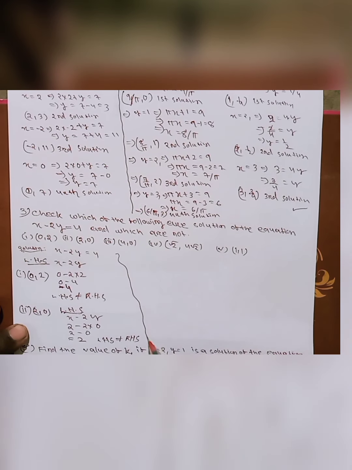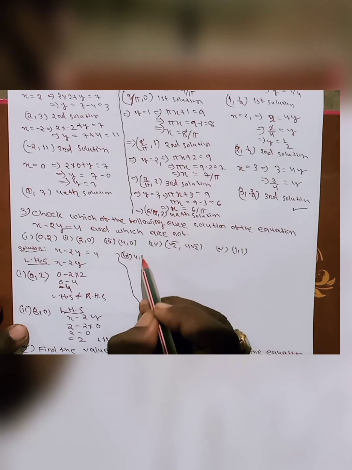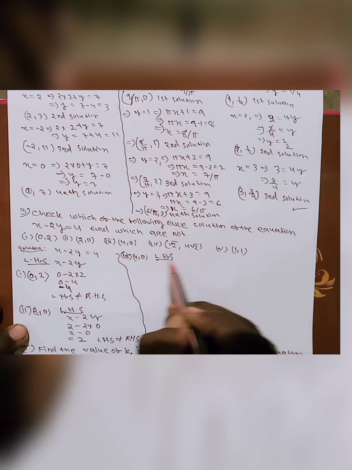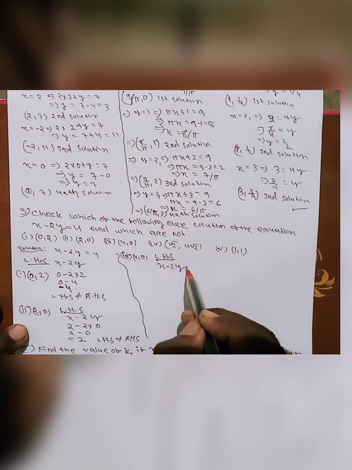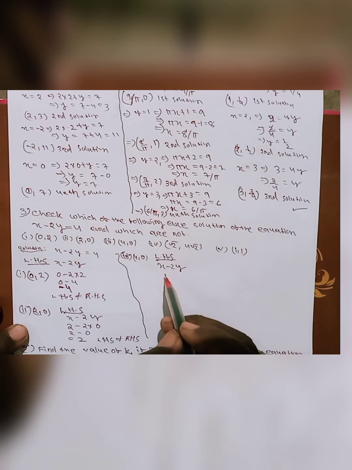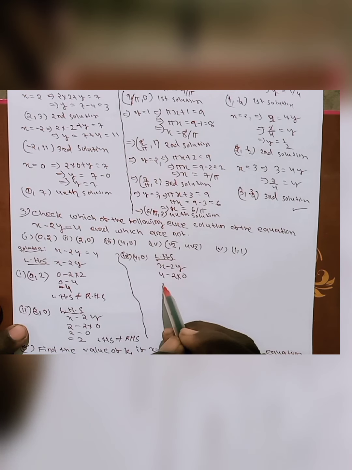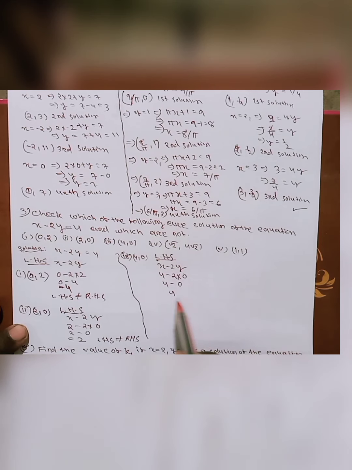Like this, third is 4, 0. In LHS, write the equation x minus 2y and put the value 4 in place of x and 0 in place of y. Then 4 minus 0 is equal to 4.